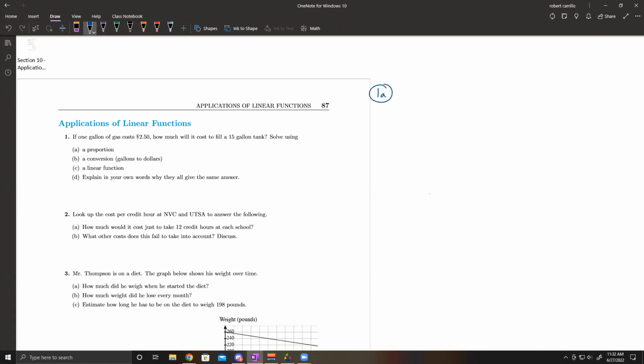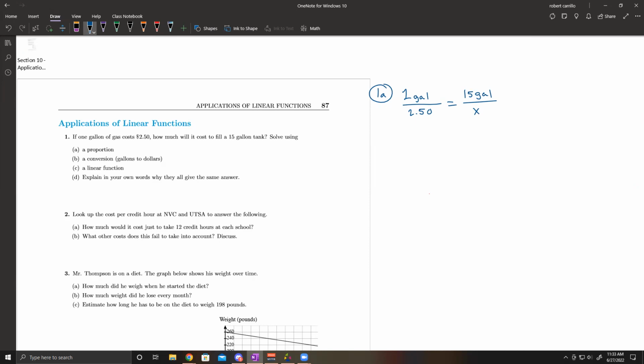So it says if 1 gallon of gas costs $2.50, so remember with our proportions, I have 1 gallon of gas and it costs $2.50. How much would it cost to fill a 15-gallon tank? So this would be 15 gallons over X amount of money, right? So we can say 250. Yeah, we just leave it like that. That's fine.